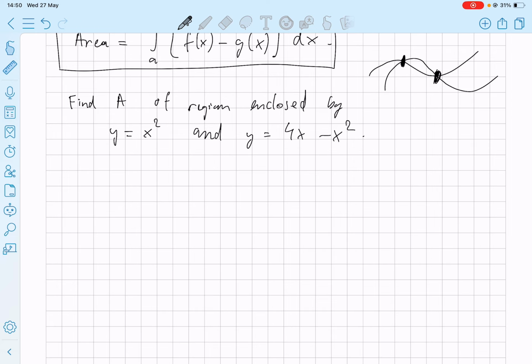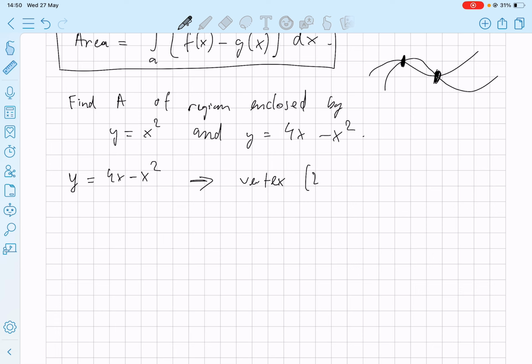First, we will consider the parabola y equal to 4x minus x squared. In the algebra course you will know the vertex, the lowest point or the highest point, in this case it is a highest point because of the negative x squared.